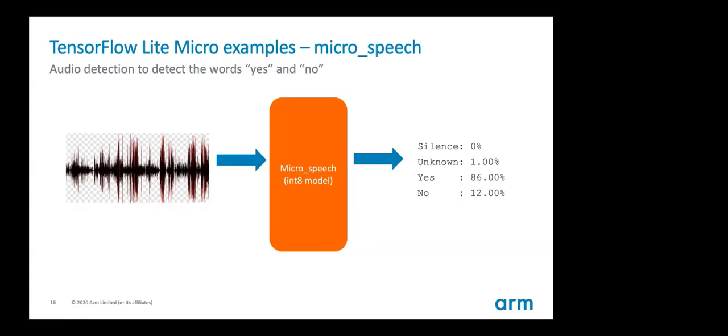With that said, let's move to the terminal where we can see the Docker project with all the files to build this microspeech example that Ronan will run later on the FVPs. So hopefully you can see my terminal now.